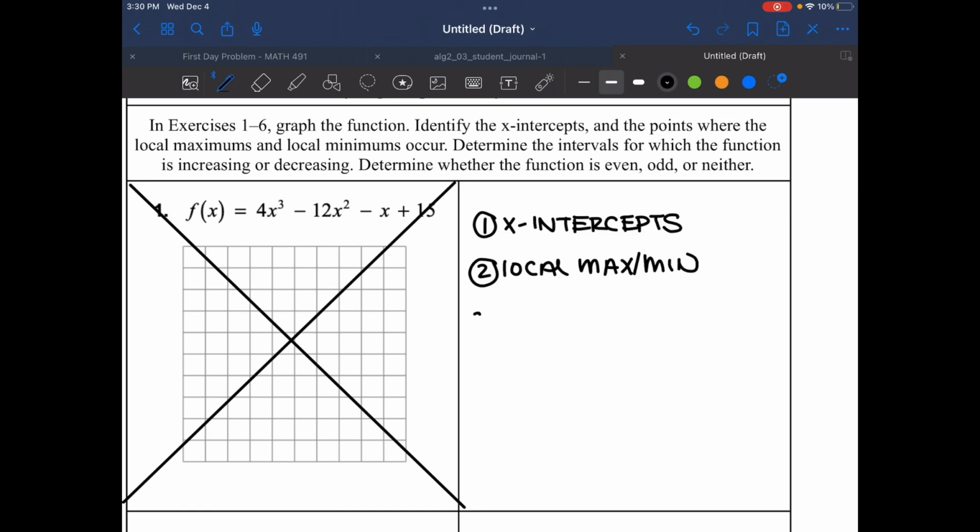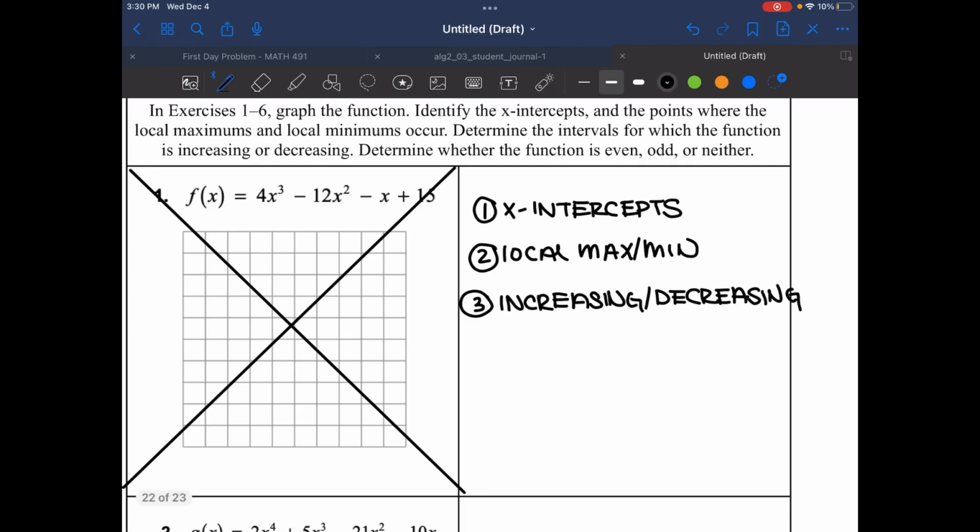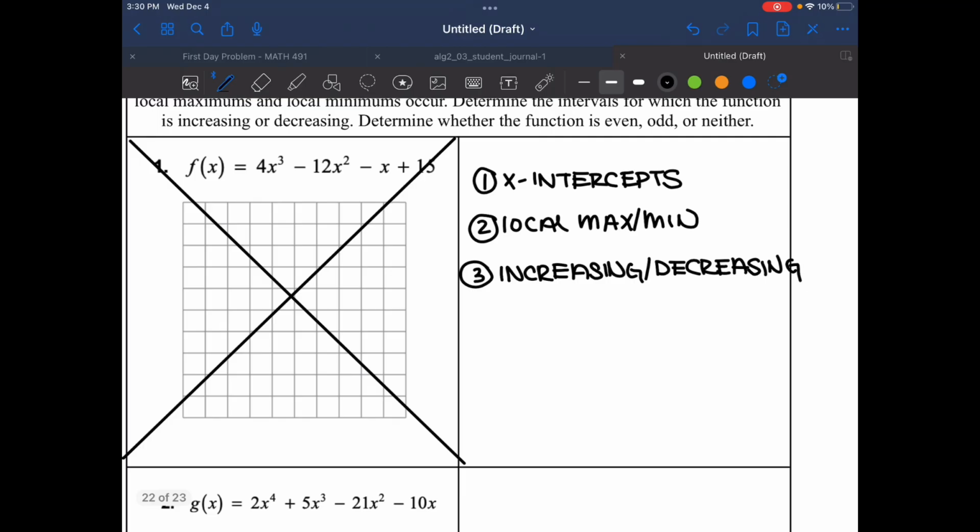And then we're going to determine the intervals for increasing/decreasing, okay? And then we're going to determine whether the function is even, odd, or neither. So what that means, okay, so even functions say that the original function is equal to f of negative x.